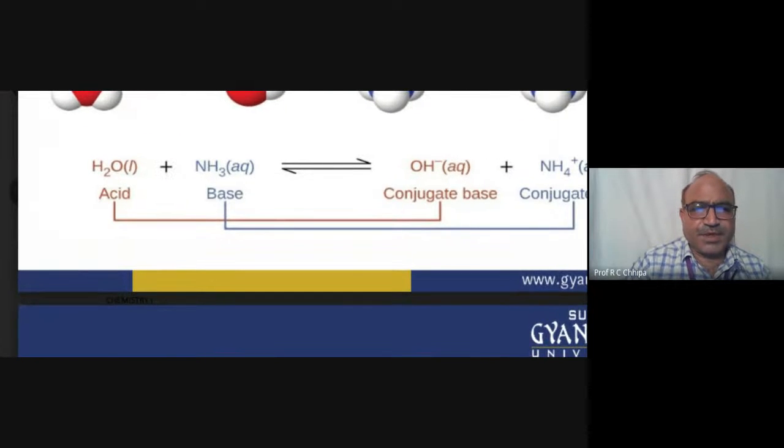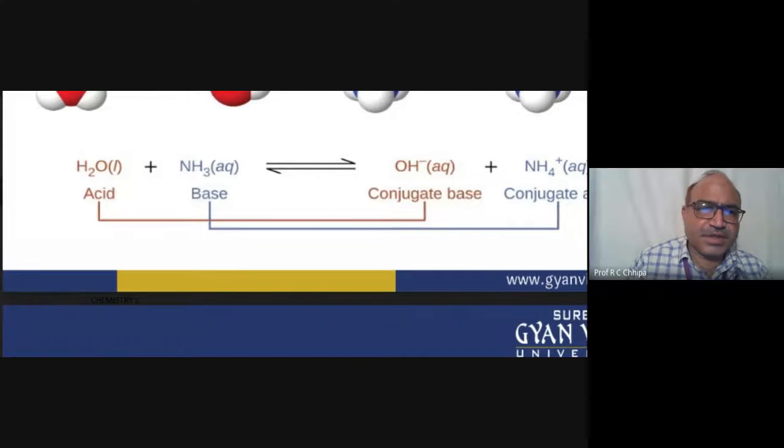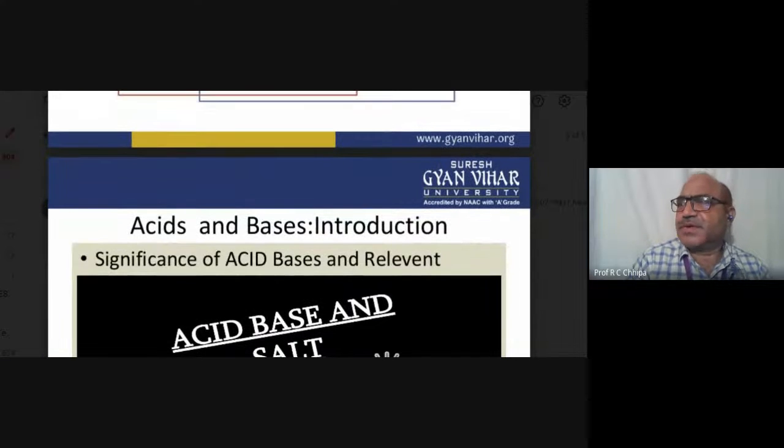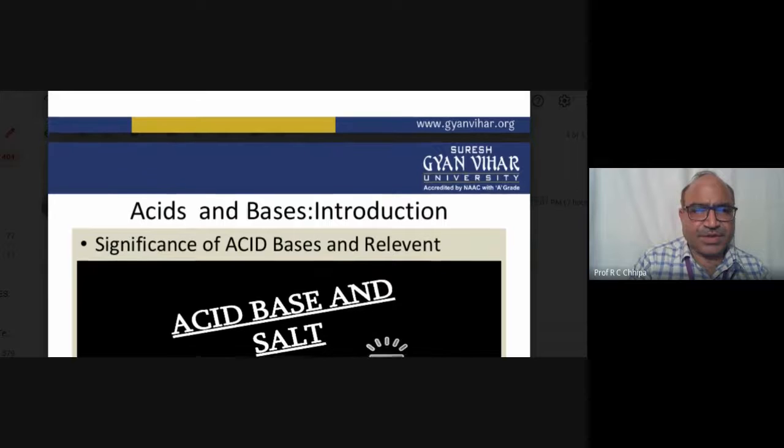Here the picture shows H2O liquid and H3O in aqueous form, with the base and the hydroxyl anion. AQ stands for water, so that is the medium. Here the conjugate base and the conjugate acid are formed.